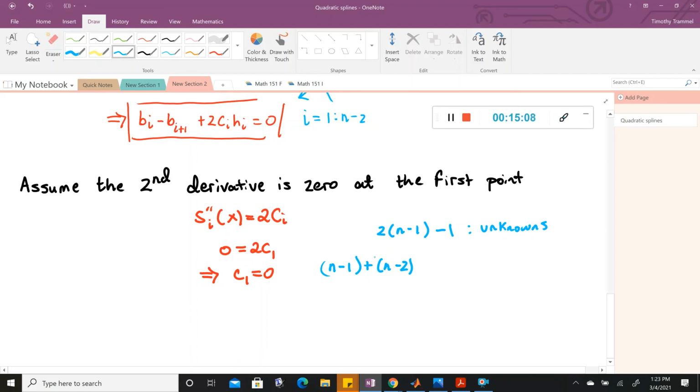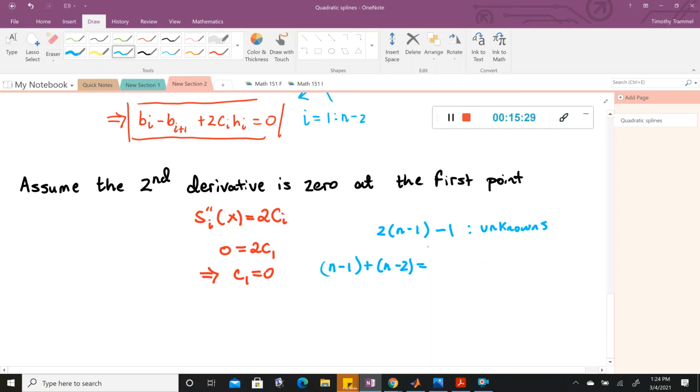And let's combine like terms here. So this would be 2n, and then we have a minus 1 and a minus 2, so that's minus 3. And I think if you were to distribute here, you'd get 2n minus 2 minus 1, which is the same thing.